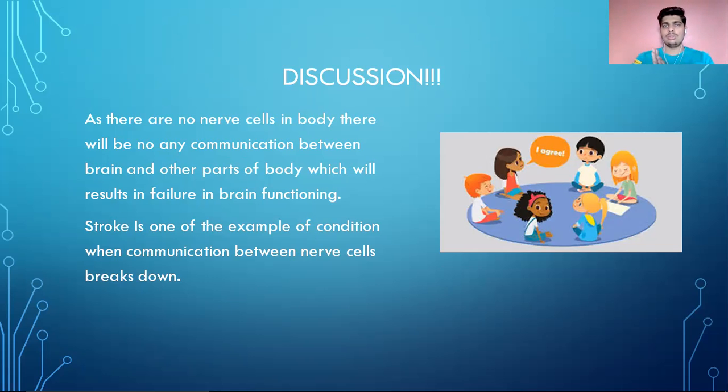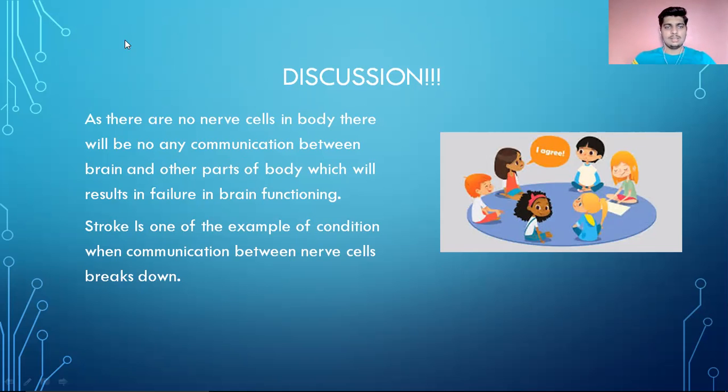Imagine if there were no nerve cells, and we are watching something, but the image formed is not reaching the brain because of the missing nerve cells. The brain cannot process things accordingly, so we would not be able to see.